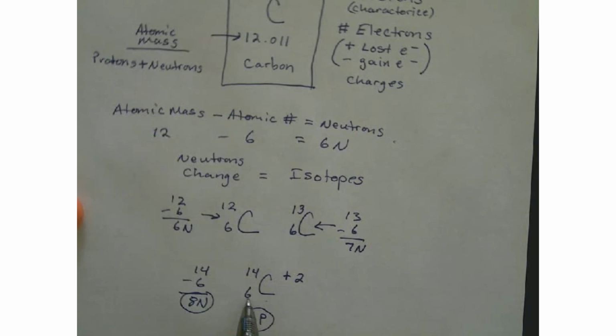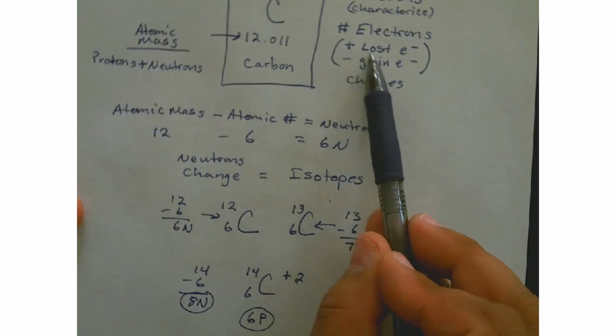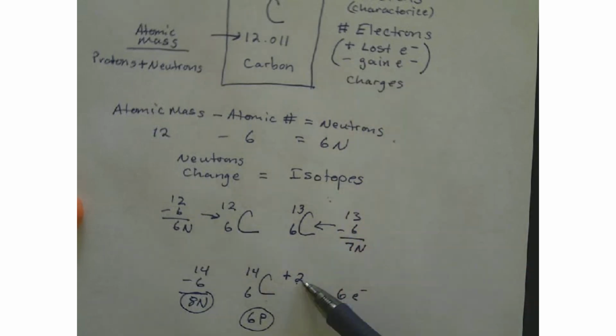But what does this plus 2 tell me? This plus means what? You lost electrons. Well, how many electrons did you lose? You lost 2 electrons. Well, if I lost 2 electrons, minus 2, that tells me what? That you have 4 electrons.